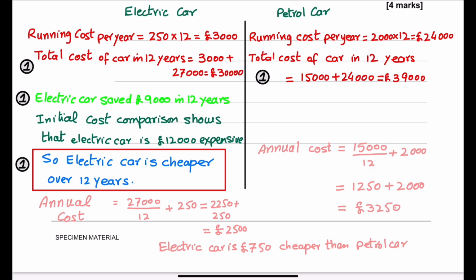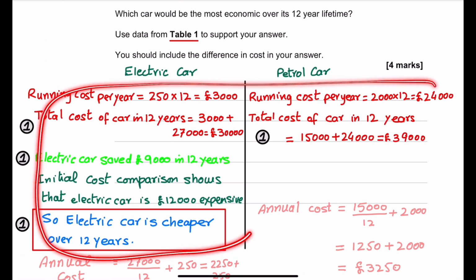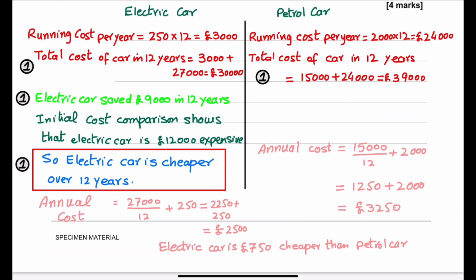That is 15,000 divided by 12, which is 1,250 pounds, plus the running cost per year. So overall, it is 3,250 pounds. So this is another method we can compare. The electric car is 750 pounds cheaper than the petrol car per year. But I will advise the student to take the first method, which is easier for the student instead of using the annual method.